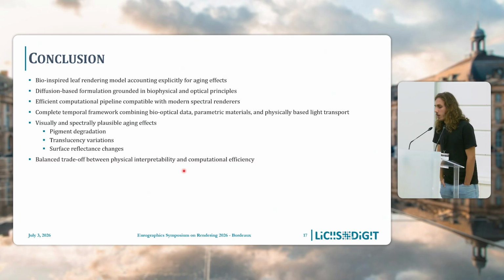In conclusion, we propose a pipeline to render leaf and foliage with time dimension integrated, and we have a solution based on the PROSPECT model to have a trade-off between physical interpretability and computational efficiency.